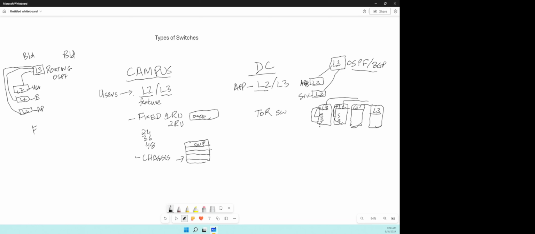And these are typically copper switches. Doesn't have to be, it could be SFP based. So they connect to the L3 switch, which is the network rack that has the firewall, load balancer, and what have you. And it may be even a router. And again, these top of the racks are typically fixed.